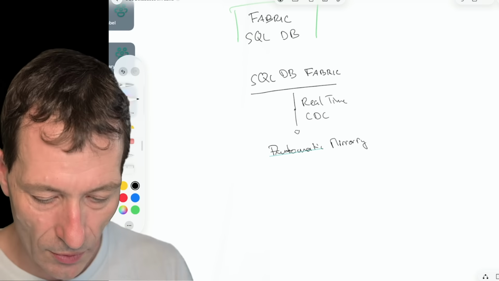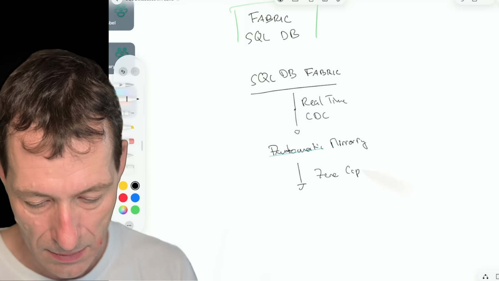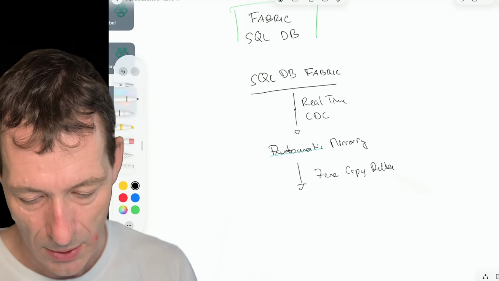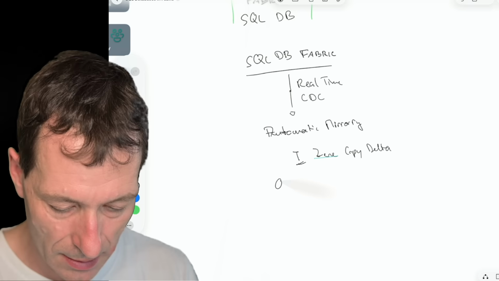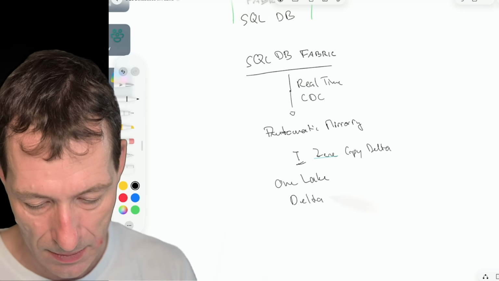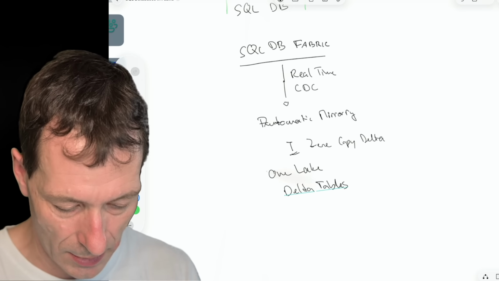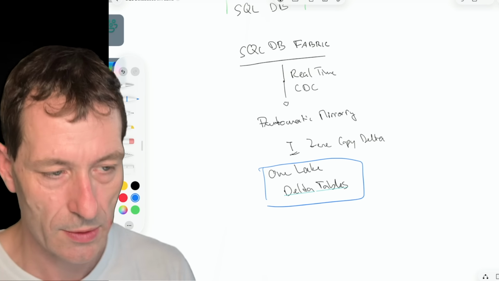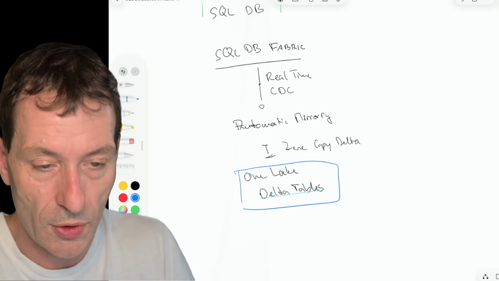And then you have the zero copy delta, which writes the data into your OneLake delta tables. So this is OneLake. Make it a little blue. This is OneLake. And from there on, you can work with your consumer side.